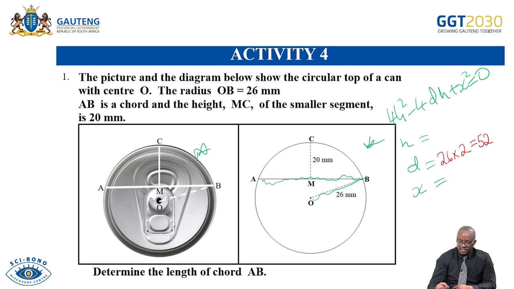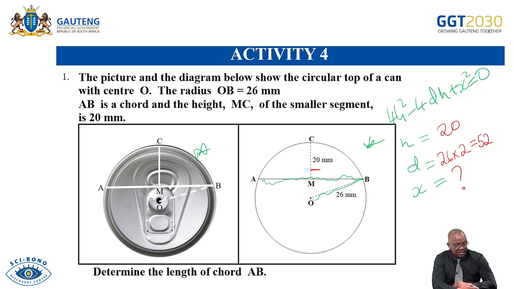So 26 multiplied by 2 is going to be 52. It means 52 now is your diameter. Correct. And you were given the height of the smaller segment, which is 20. And now we know that x, which represents the length of the chord, is not given. We have to look for it.